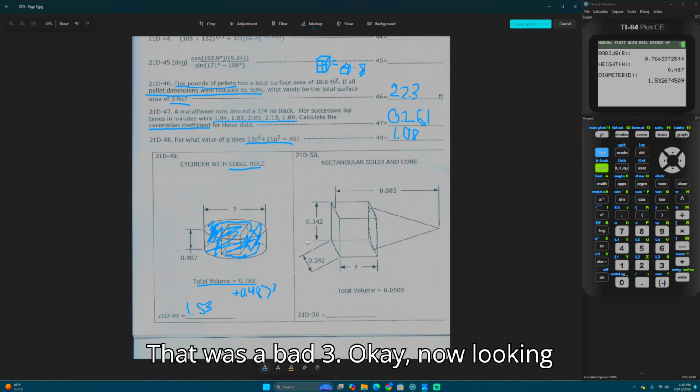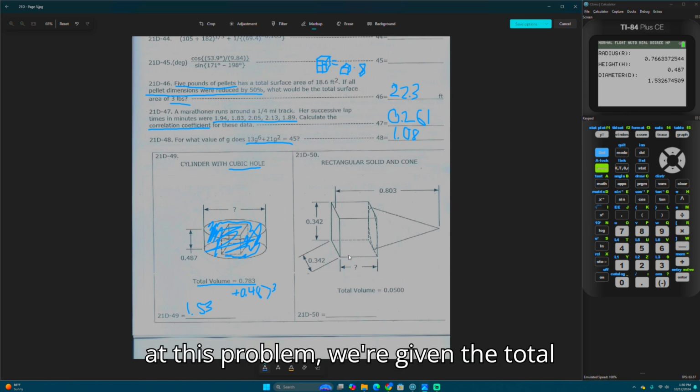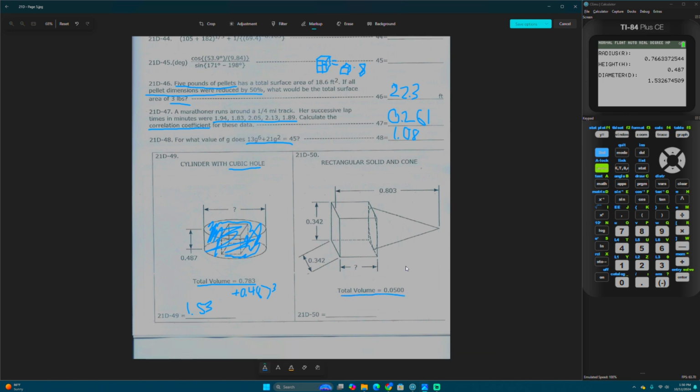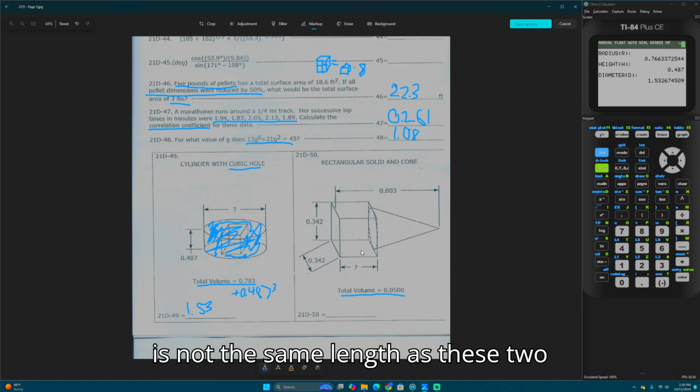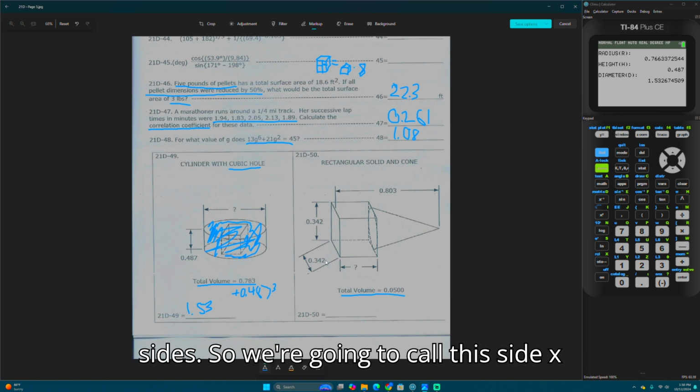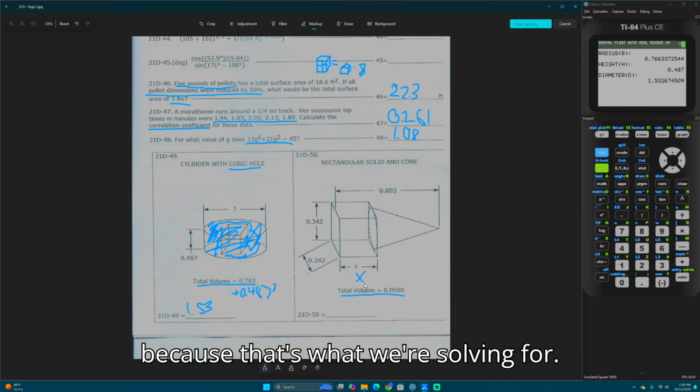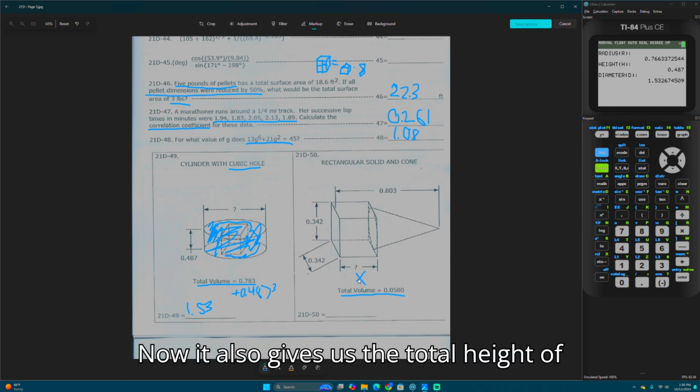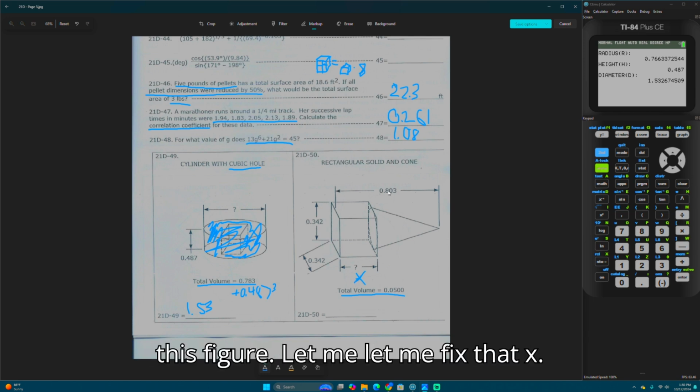Okay, now looking at this problem, we're given the total volume of this shape, and this is a square right here, but it's a rectangular solid because this is not the same length as these two sides. So we're going to call this side x because that's what we're solving for. It also gives us the total height of this figure.